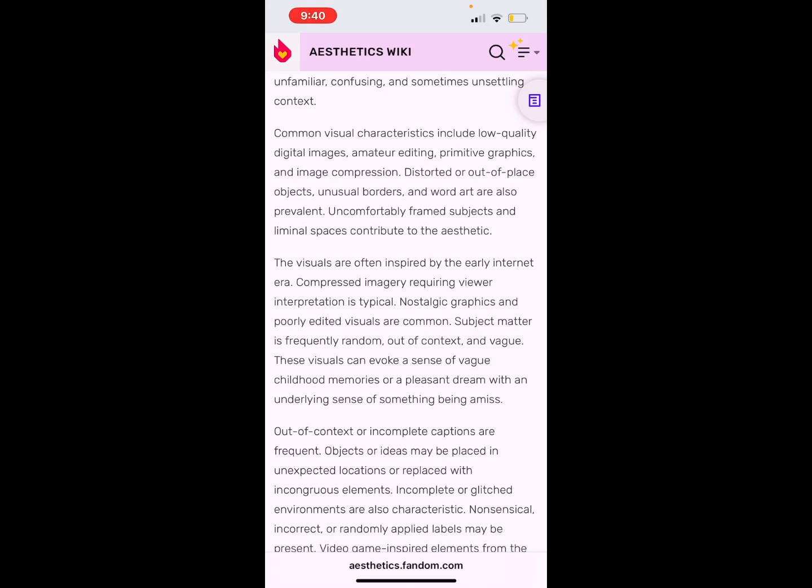The visuals are often inspired by the early internet era, compressed imagery, and viewer interpretation is typical. Nostalgic graphics and poorly edited visuals are common.